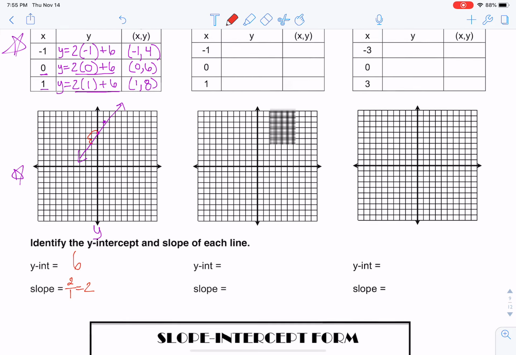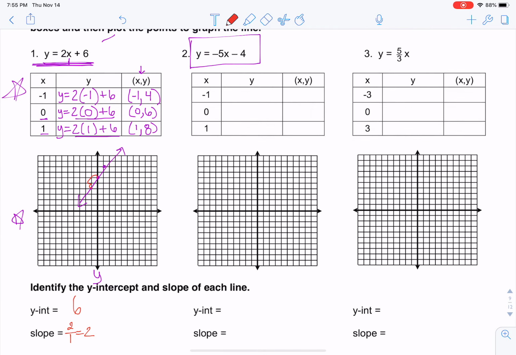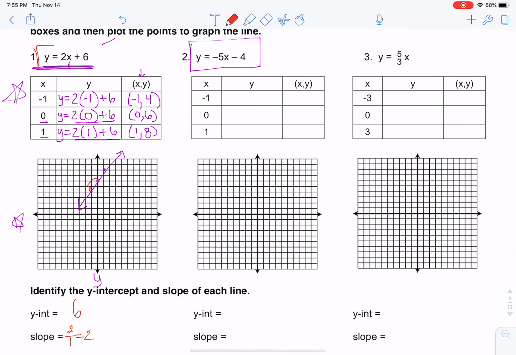So, magic, let's look up here at my original equation: y equals 2x plus 6. This number right here is my y-intercept. This number right here is my slope. So that's kind of the formula. You're always going to see those numbers pop out when you graph that line.